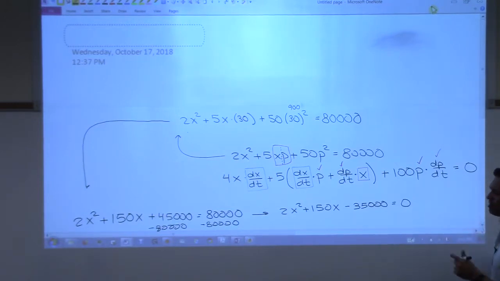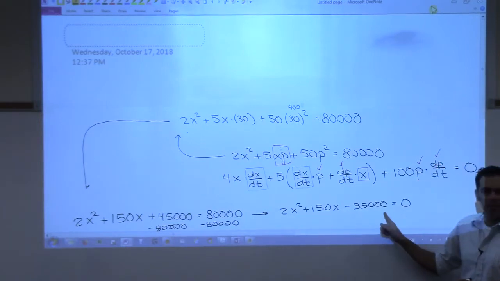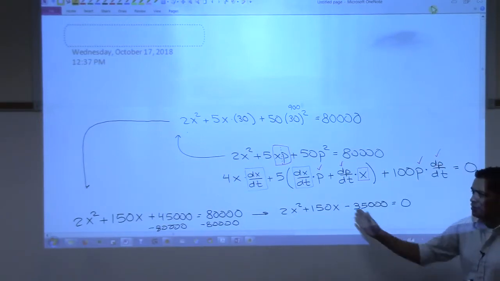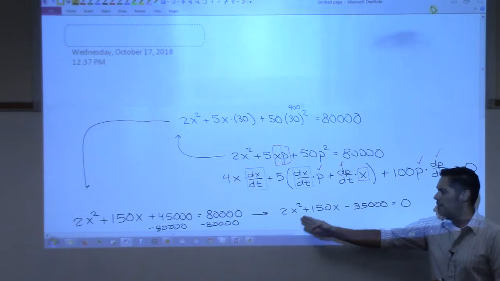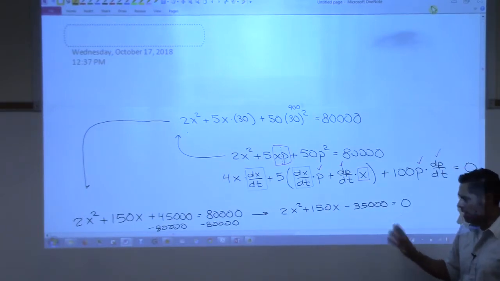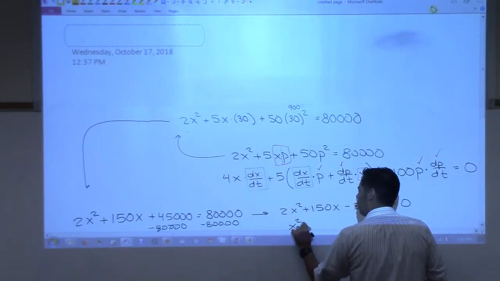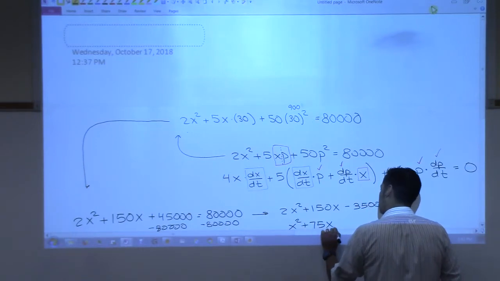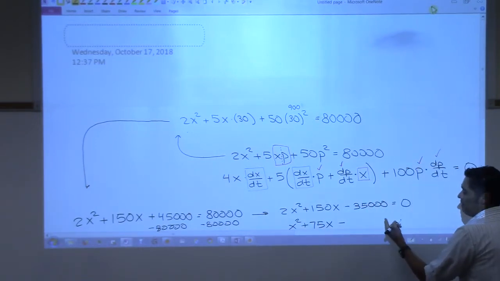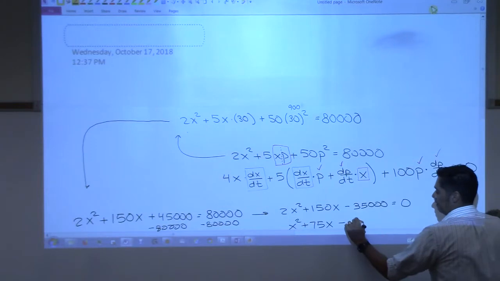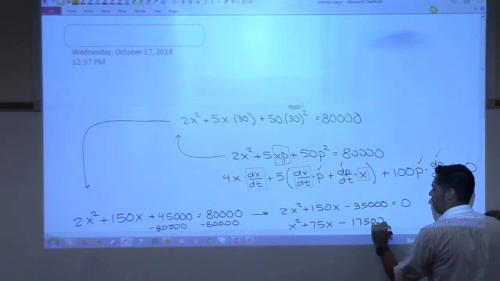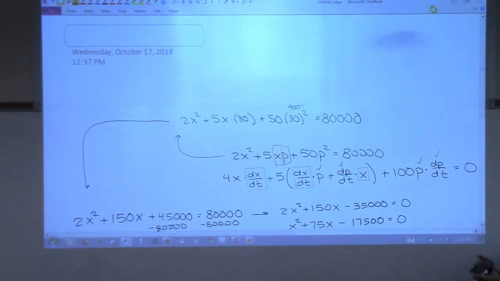I can go one more step. These are all even numbers, right? I could factor 2 out, or you could say divide everything by 2. Let me do that. I'll get x squared plus 75x minus, what's half of that? 17,500 equals 0.